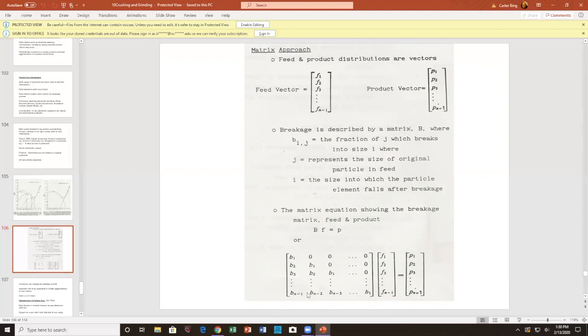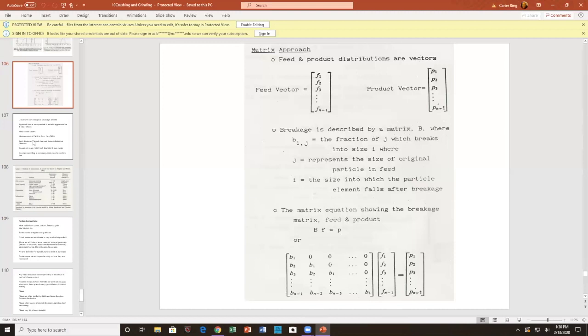There are n-1 equations and n-1 unknowns. Basically, you have the distribution of the feed and the distribution of product, and all you've got to do is multiply by the inverse of this breakage matrix to see what values you come up with.